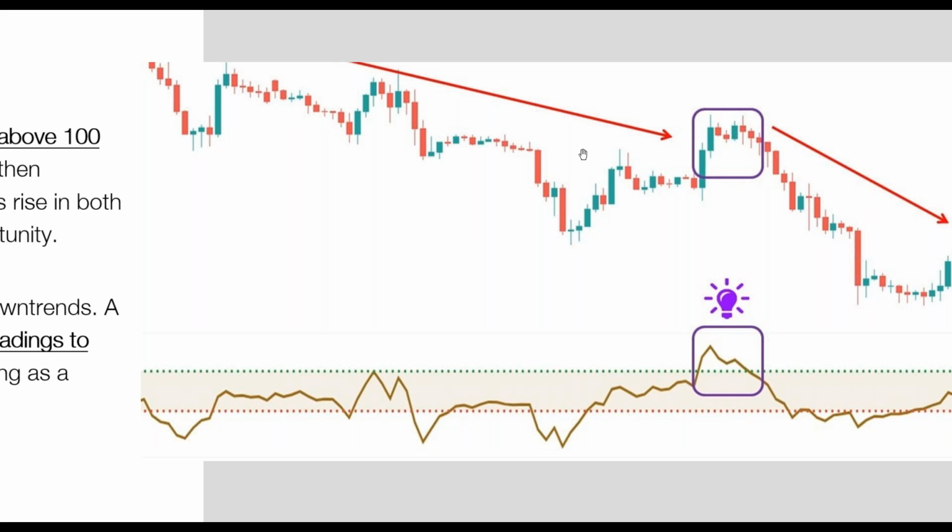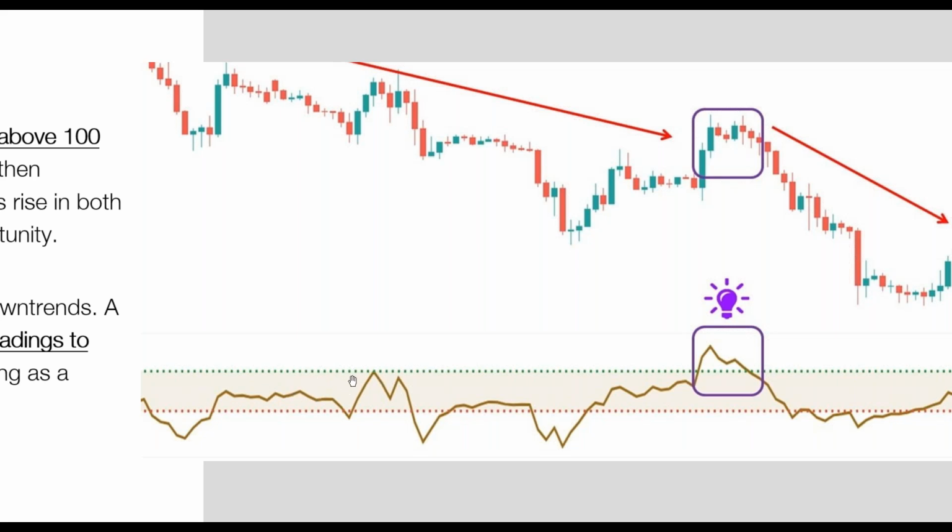It was in a downwards channel. Think about this line as the top of the downwards channel, okay? With CCI being above positive, but didn't manage to close. This is a 100, and this is a minus 200, but it never managed to move above 100.